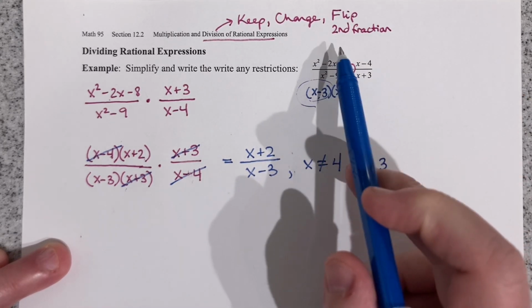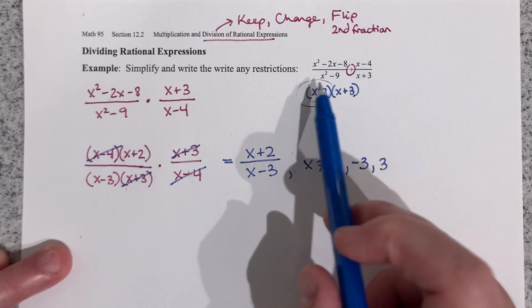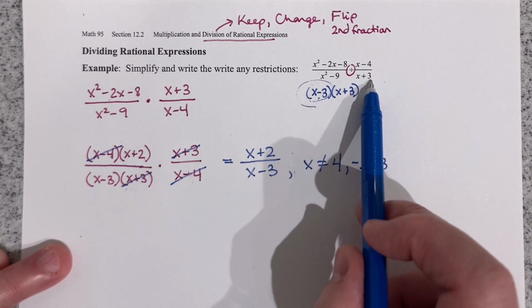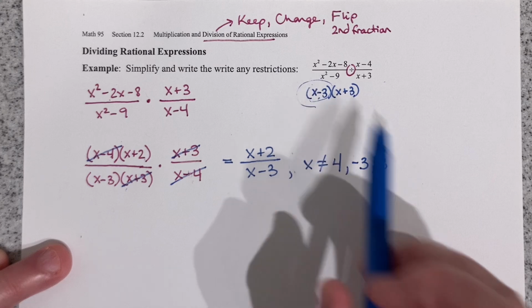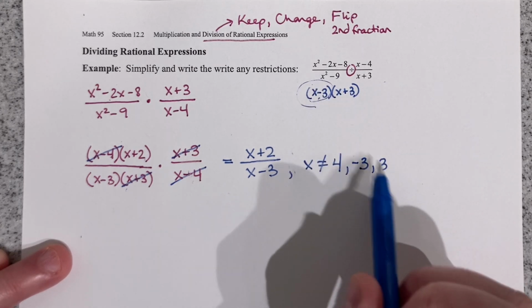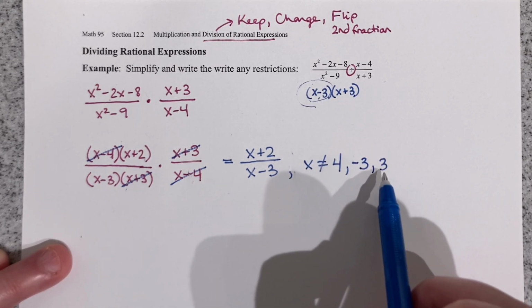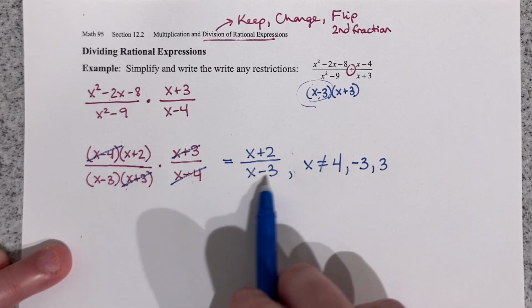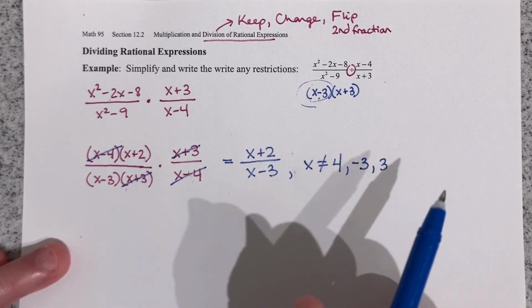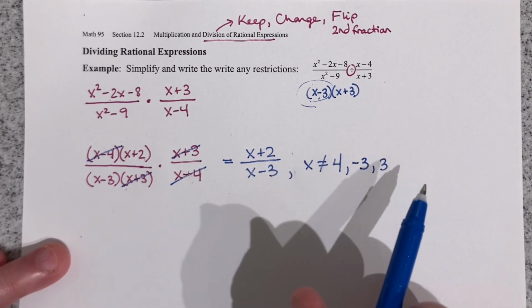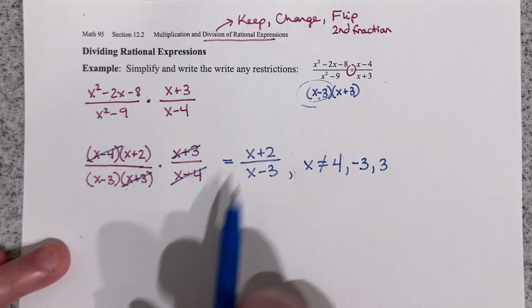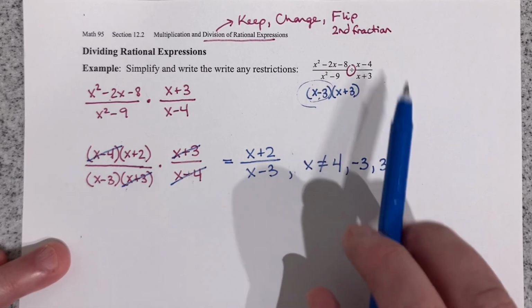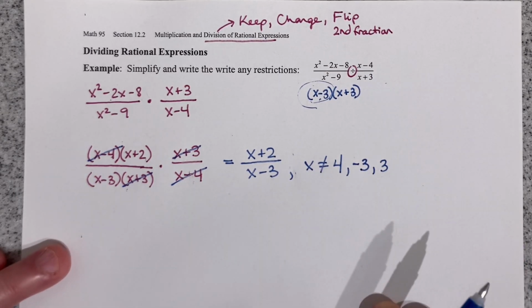So we want to check the original problem and make sure we're not going to be dividing by 0. No zeros in the bottom of the fraction. And so in this case, 3 is also a restricted domain. So I'm just going to list it, even though it's part of this here, we're going to list it too. All right, so factors that cancel and double check that the original problem can't divide by 0.